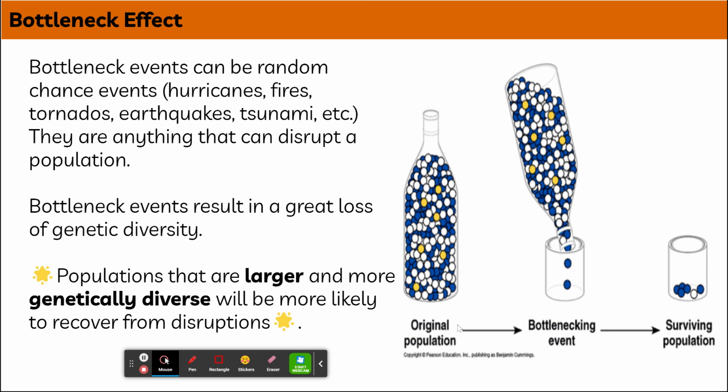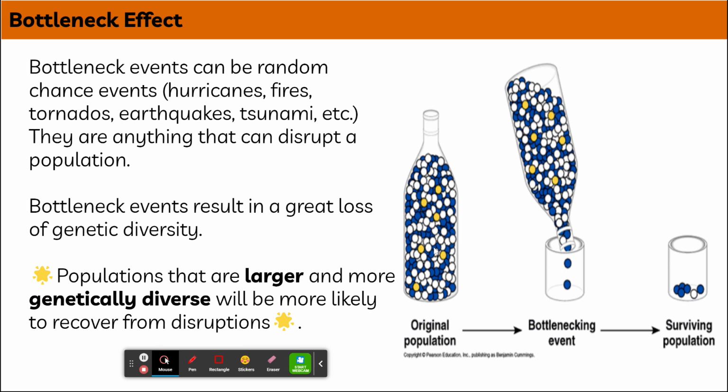We can see here in this bottle, this is the original population, and each colored bead represents a different variation within a species. There are 3 variations, and the more predominant variations tend to be the blue and the white, whereas the yellow tends to be a little bit more rare.